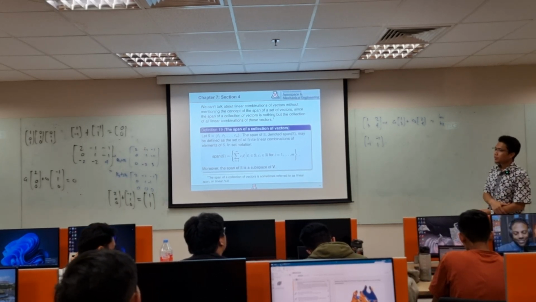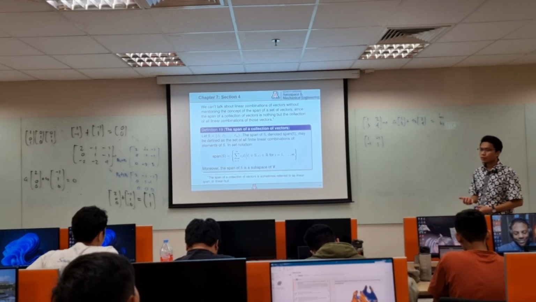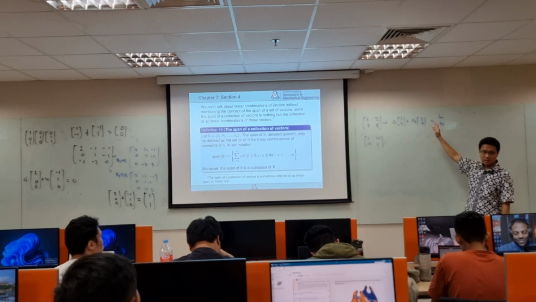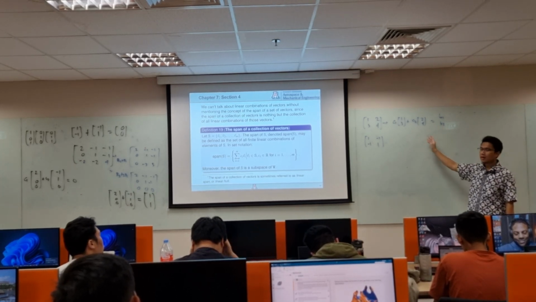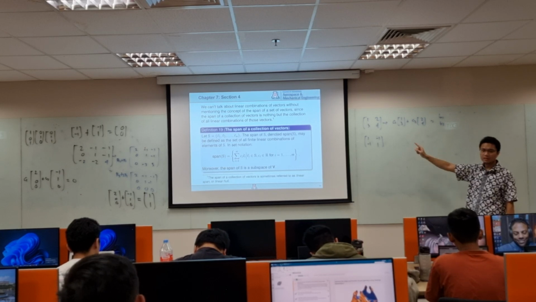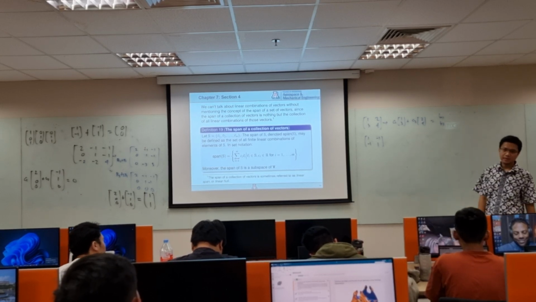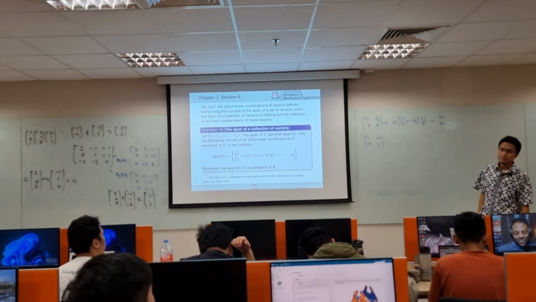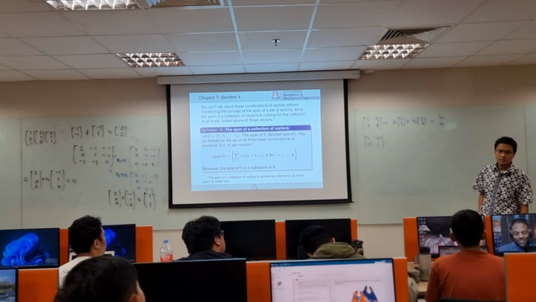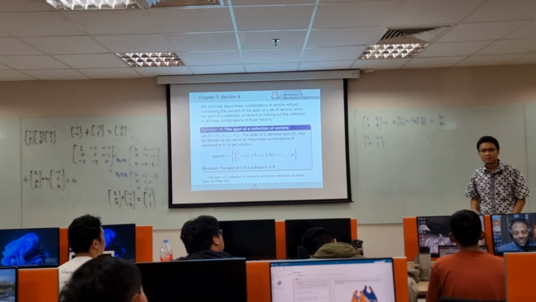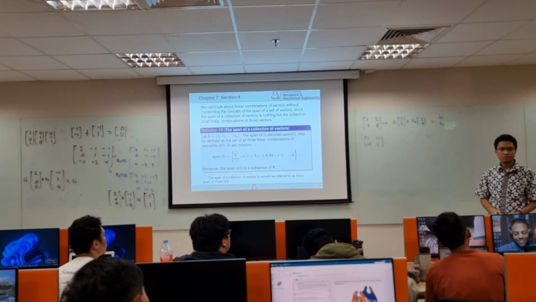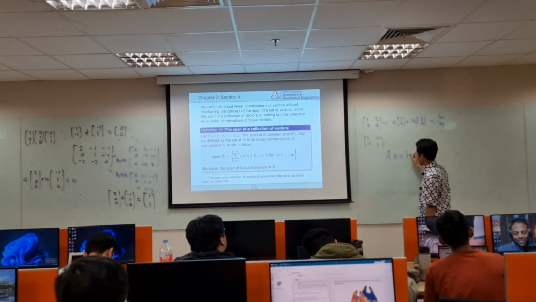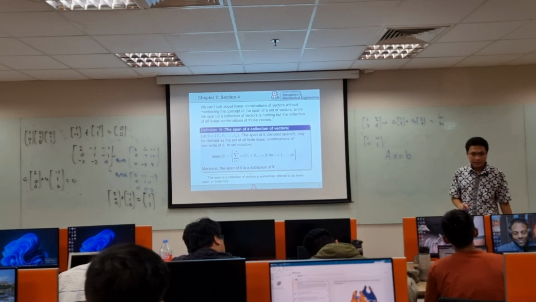I want to repeat again. If we want a condition so that any B is admissible to the problem, then the columns of A must span the entire vector space. Is this okay? What's the difference between span and rank?